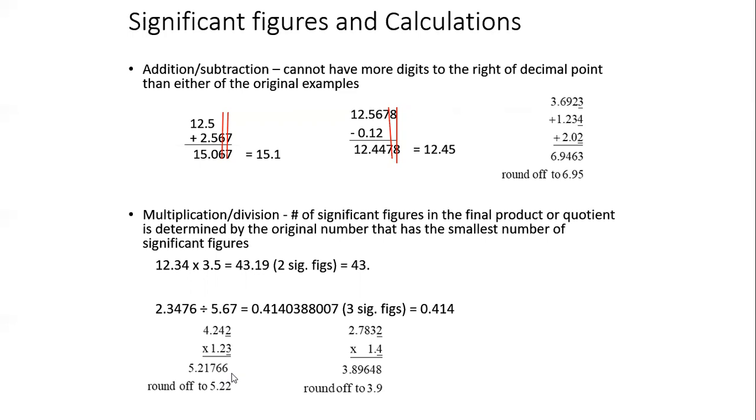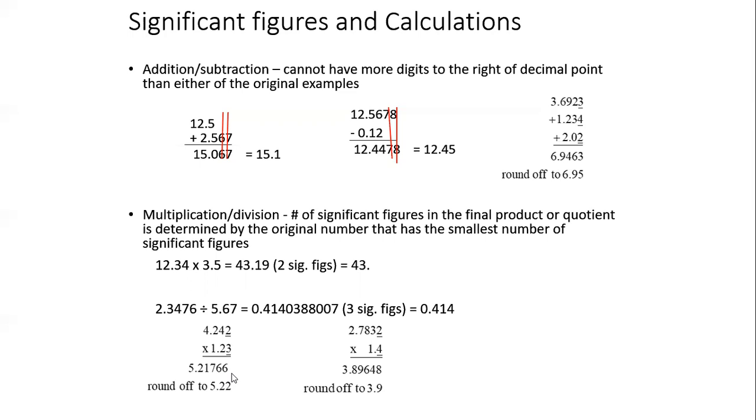So the volume of the cube is based on the precision of what you measure the side of the cube to be. Addition and subtraction, and multiplication and division, have 2 slightly different sets of rules.